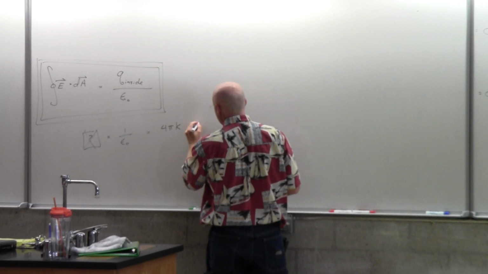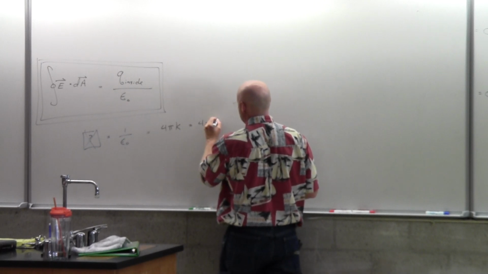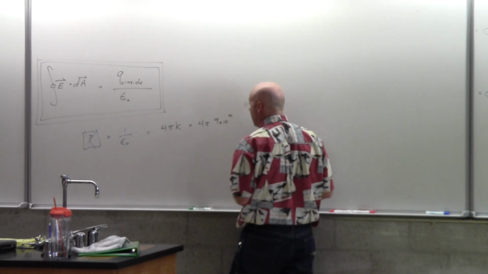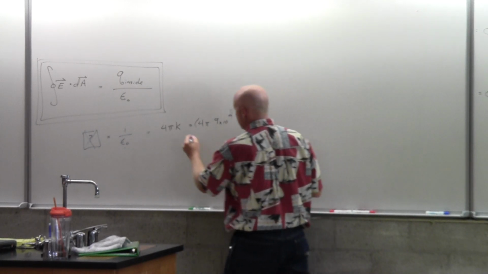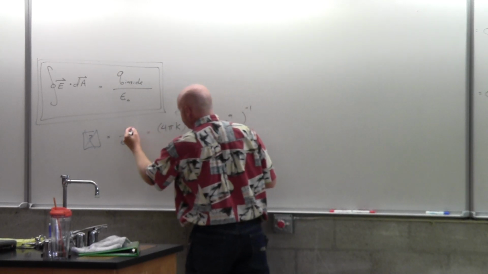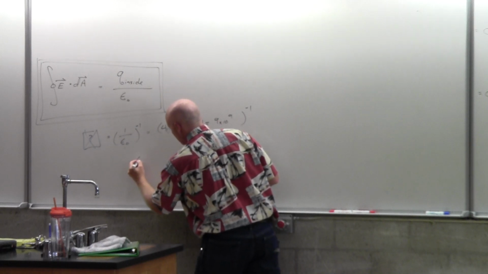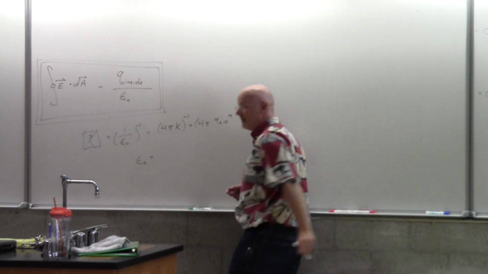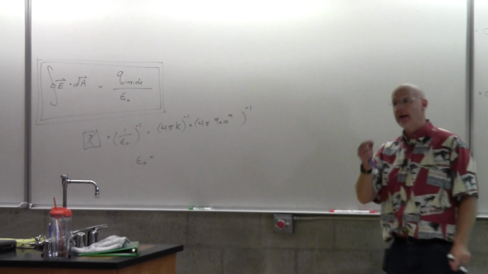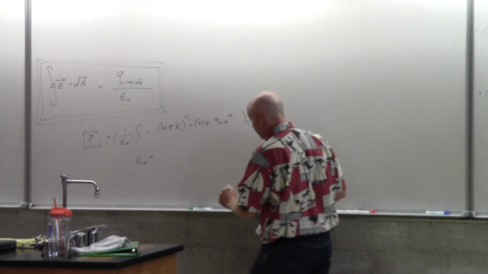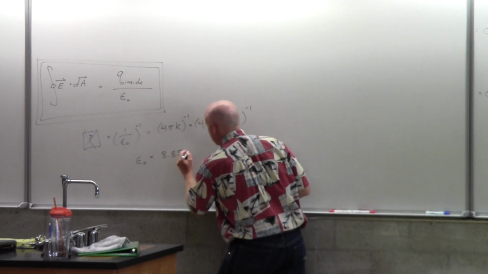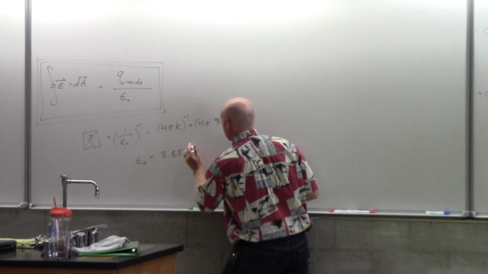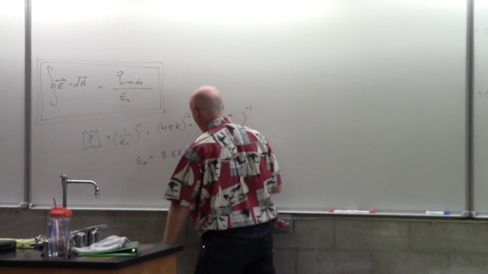And if you get out your calculator and go 4 pi times 9 times 10 to the 9th and take the inverse of it, you will get epsilon naught. You will get the permittivity of free space, 8.85 times 10 to the negative 12.